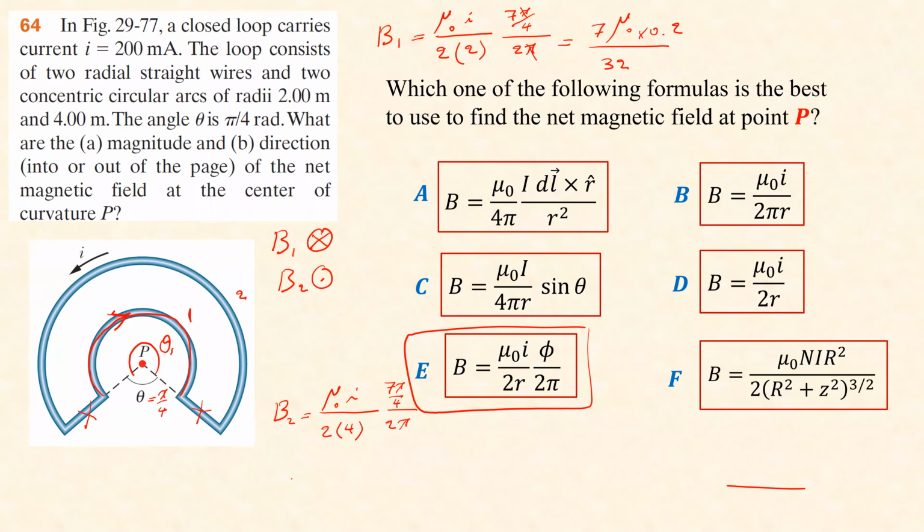So it becomes half of B1. So B2 is equal to half of B1. B net is B1 minus B2. B2 is half of B1, so B net becomes the same as the magnitude of B2. One of them cancels and it is into the page.